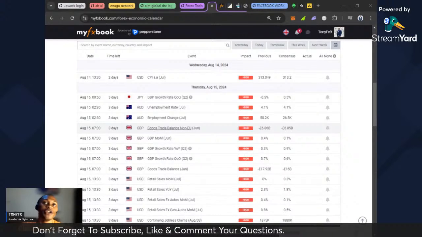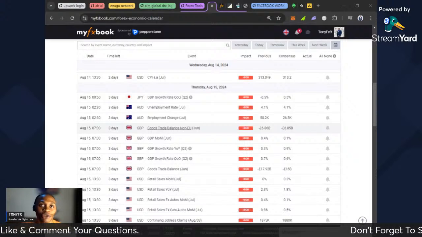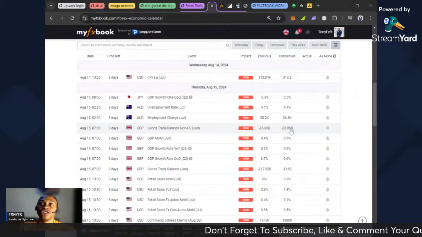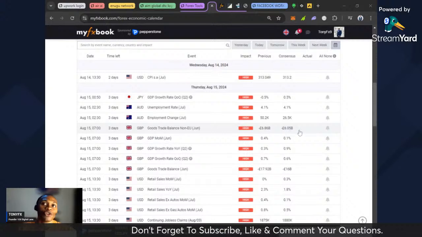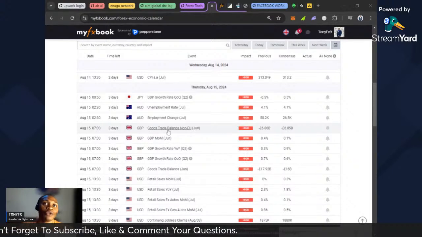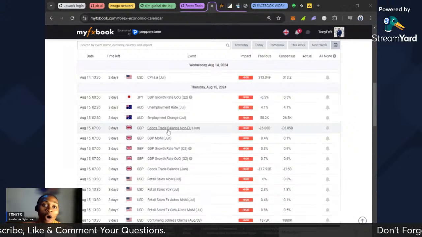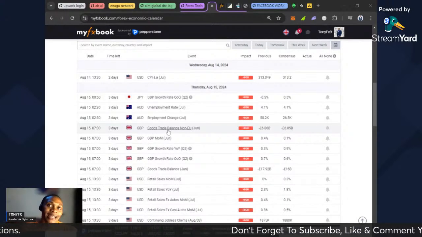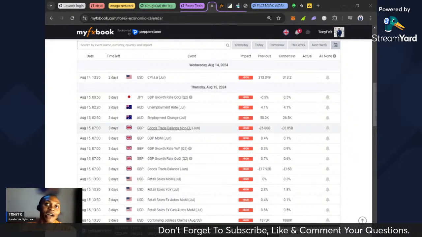So if there are exports more than imports, there will be strength for Great Britain pound. Then this figure is going to increase from minus 6.05 billion pounds to probably minus 6.6 billion pounds only. Okay, and that will give strength to Great Britain pound if there are more exports than imports, which means that they sold more of their products than importing more materials from other countries.